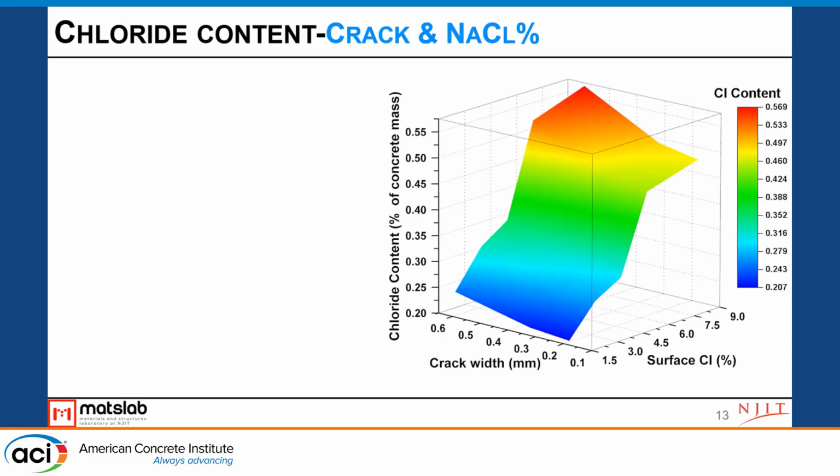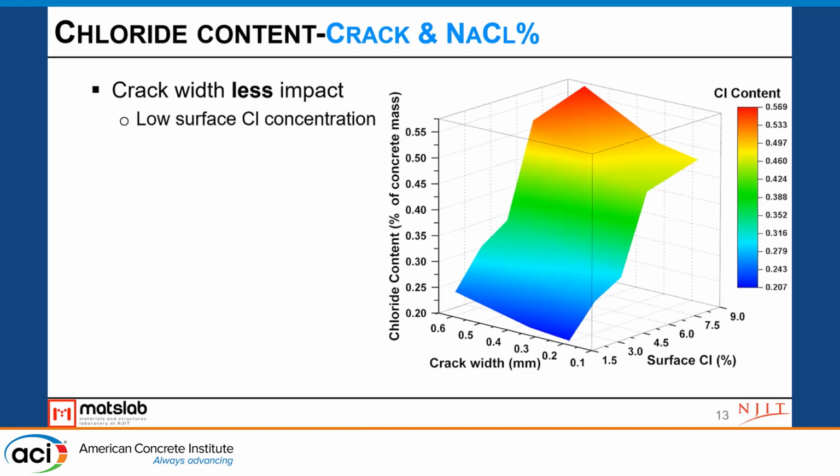However, with other concentrations, for example, the 9% one, it is much bigger. So this means the crack width actually has less impact when the surface chloride concentration is low.